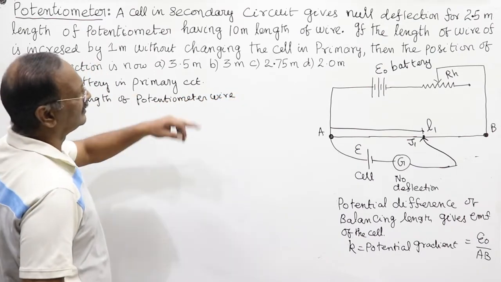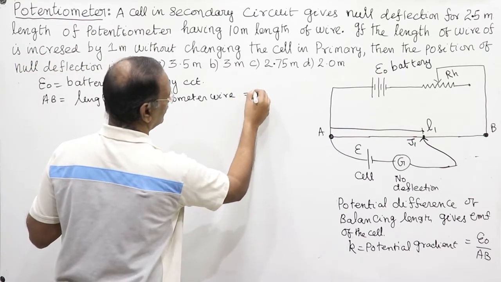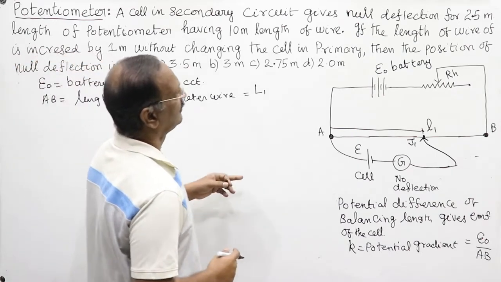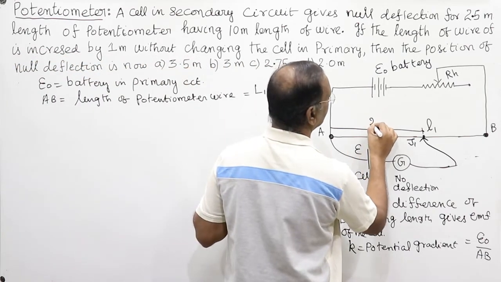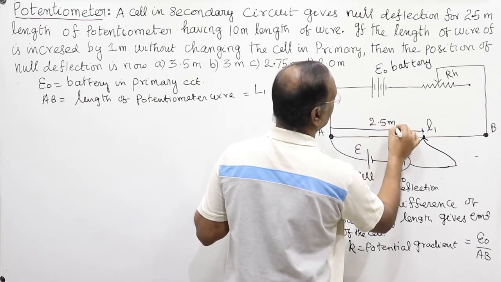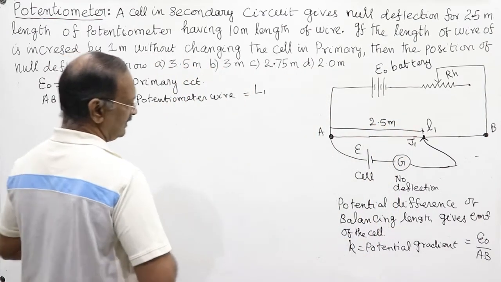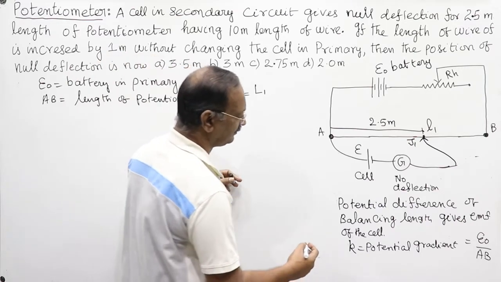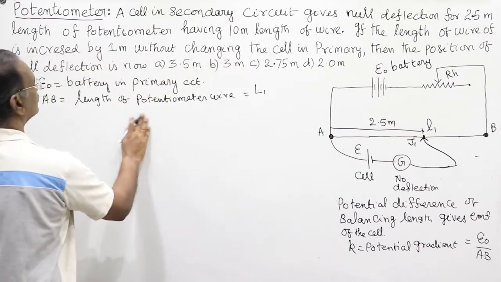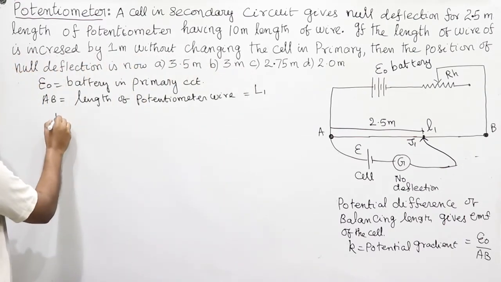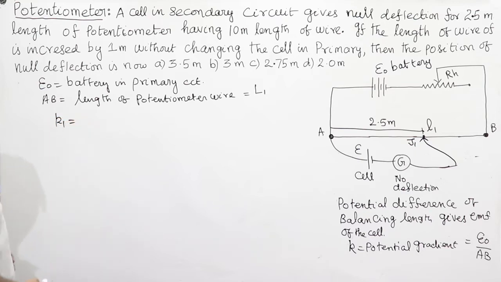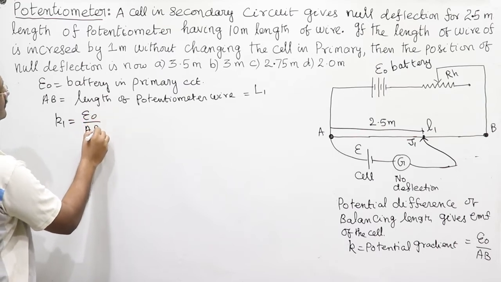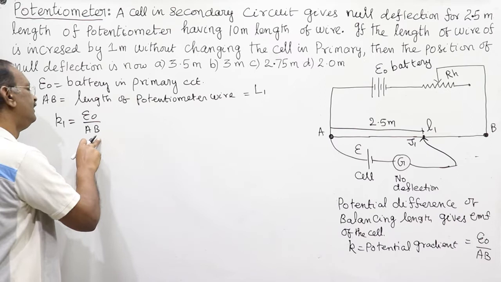Now, because there are two conditions given, we call this one L1 first. It gives a balancing length at 2.5 meter, and the potential gradient K is equal to epsilon naught by AB. So in the first case K1, the potential gradient, is equal to epsilon naught divided by AB, that is the potential of the primary battery per unit length.